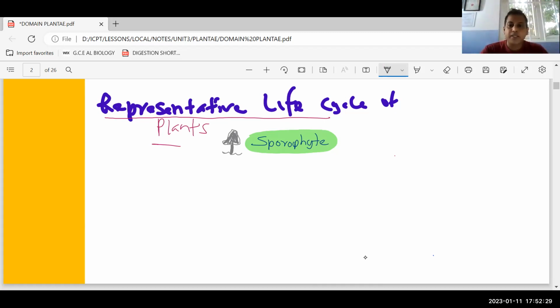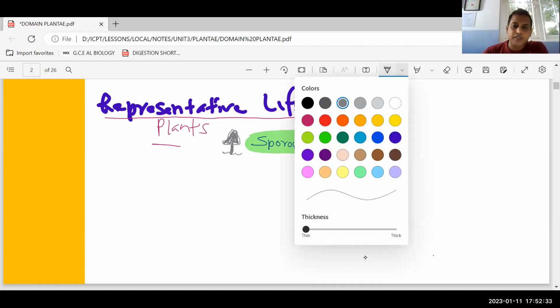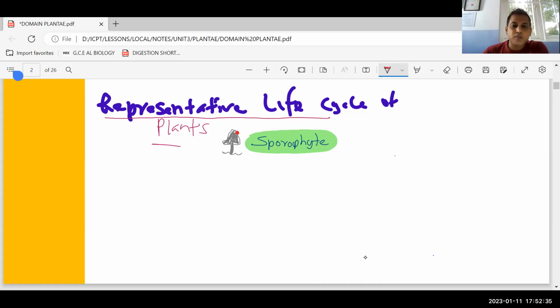Now, in the sporophyte there is a special structure called sporangia. And what is inside the sporangia?